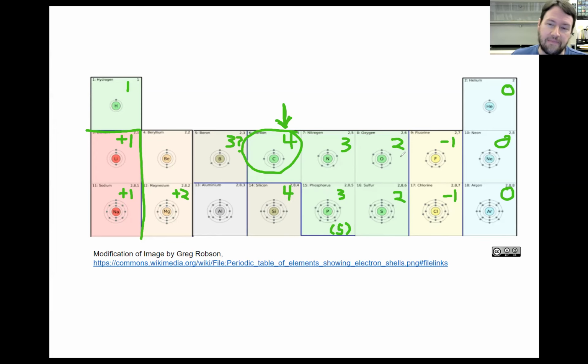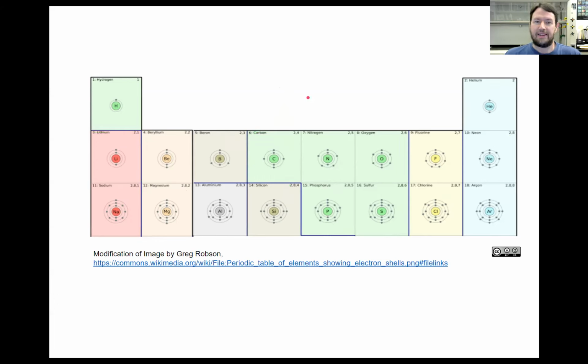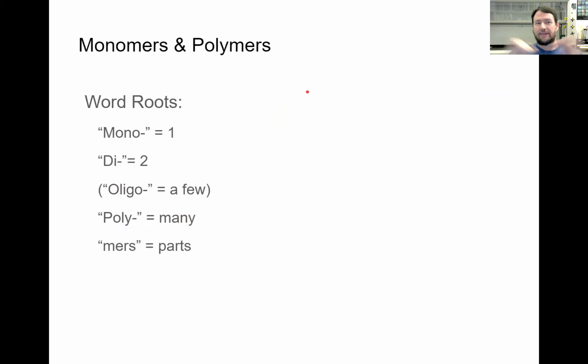So anyhow, that is the short crash course of chemistry and bonding behaviors of the periodic table. And carbon is basically the best at bonding with other things. Okay, so that's why carbon, right?